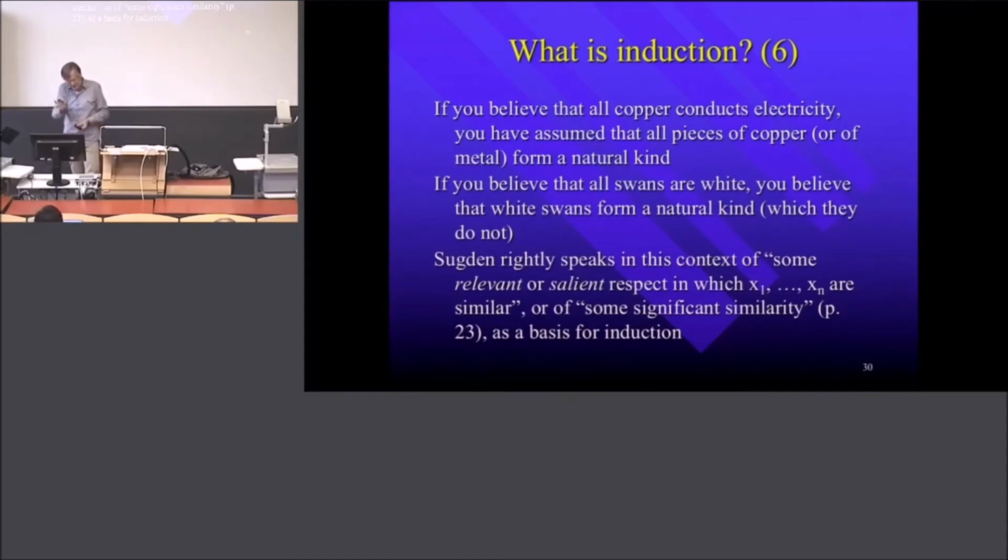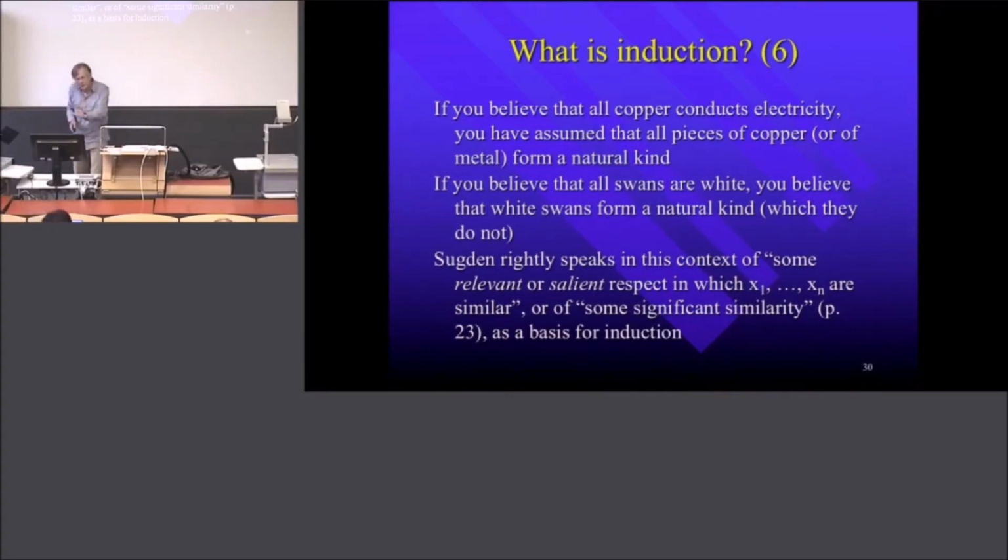And this is why Sugden rightly speaks in this context of some relevant or salient respect in which x1 to xn, these are my copper pieces, are similar, or of some significant similarity as a basis for induction. That's just right.